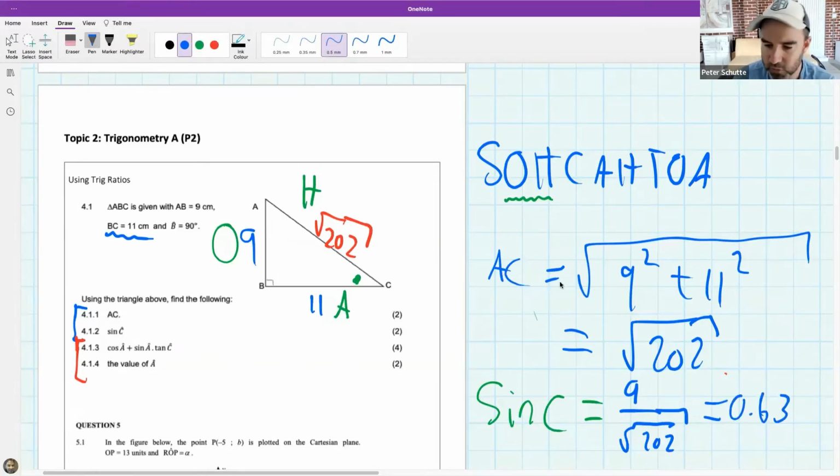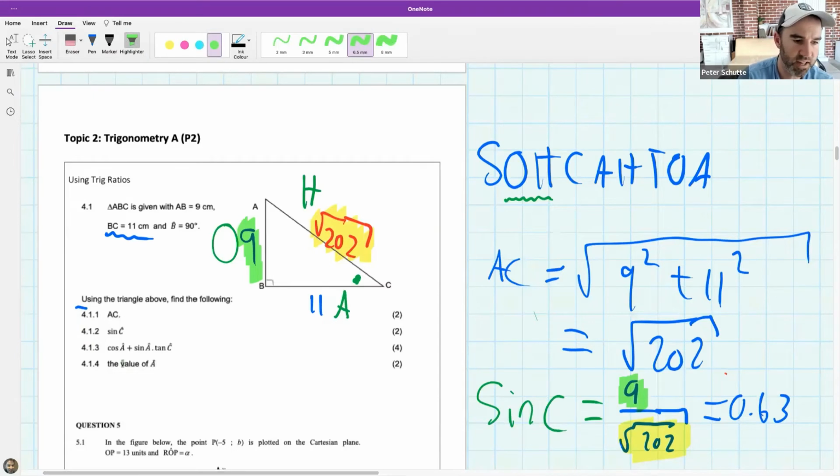And all I was doing, guys, and I want to make sure you see this, is I was using the H down here, and I was using the O up here. So we get 0.63. Now it gets a little bit trickier in the next part because I want to point out that the angle that you're dealing with is not always in the same place.